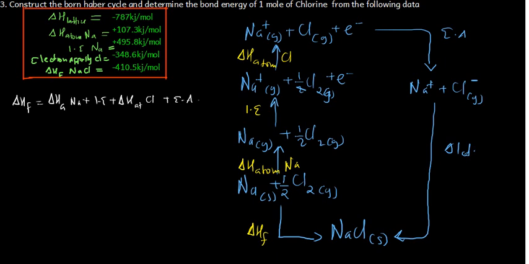Now enthalpy of formation, we've been given here, the value is negative 410.5. That should be equal to atomization for sodium, the value is there, that is positive 107.3. Ionization energy, the value is given, that is 495.8. And then you've got enthalpy of atomization for chlorine, which we don't know.